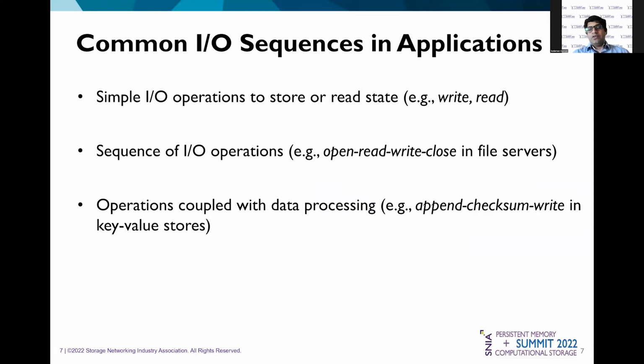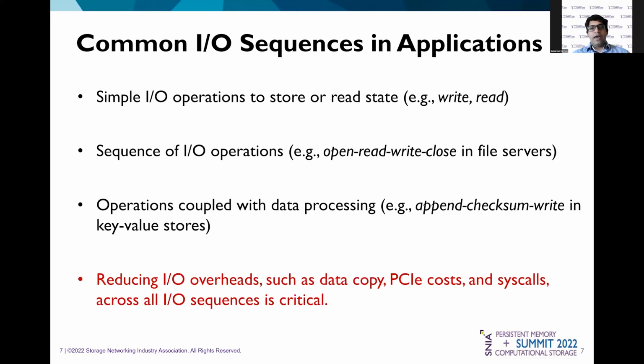For example, key-value stores generally use append, checksum, write, where they append the data, calculate the checksum, and write the data. You can also take compression as an example, or reading a block, modifying the block, and writing the block. So when we are designing computational storage engines, our goal is to reduce I/O bottlenecks across all these different types of operations.